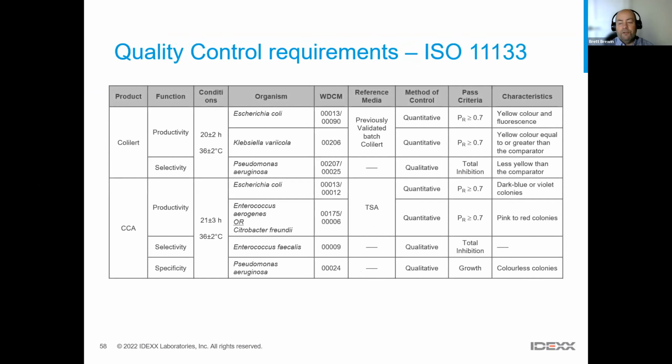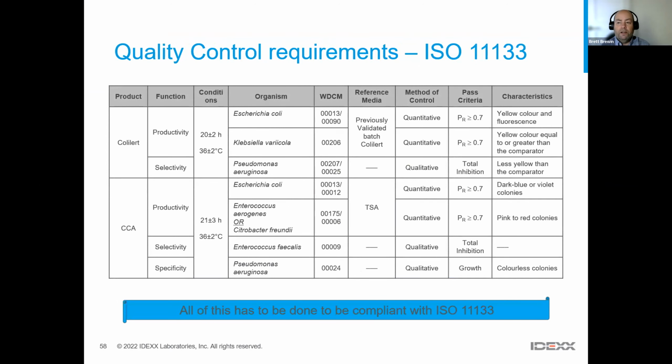There are very stringent requirements on this. Microbiological testing has to be done according to ISO 11133. Just to give you an example, you've got CoLalert there at the top of this table, and there's a lot of criteria. Specific organisms have to be tested. We have to do qualitative and quantitative testing. We have to meet various pass criteria.